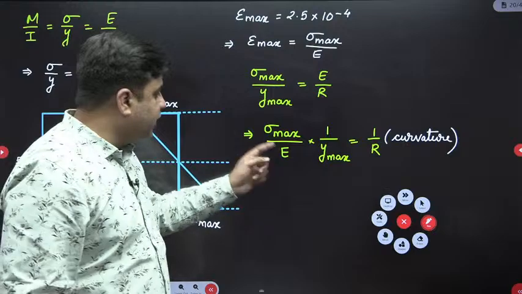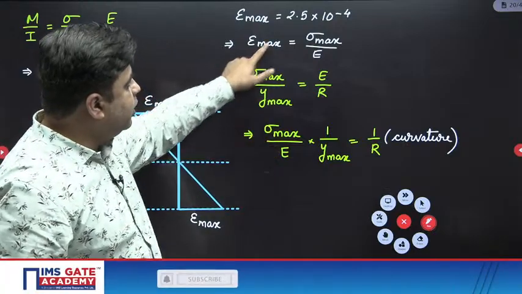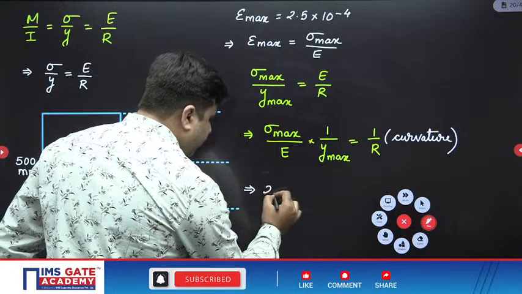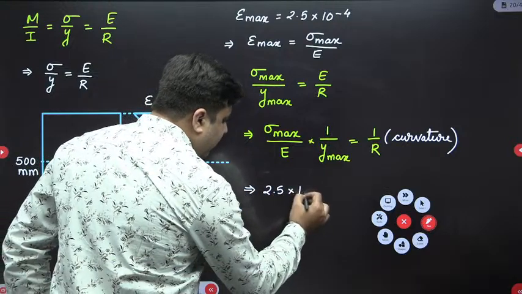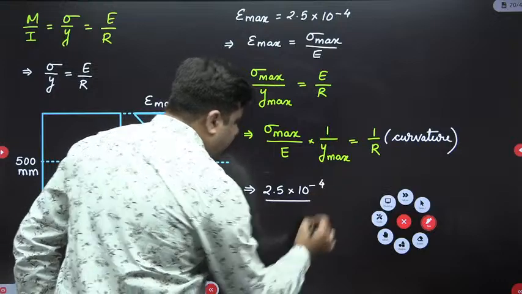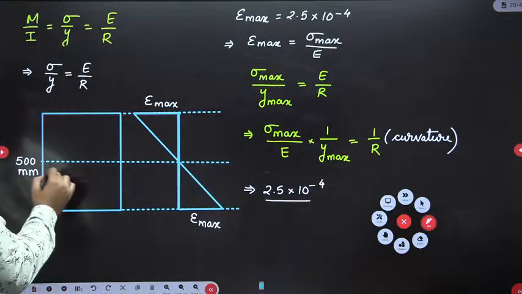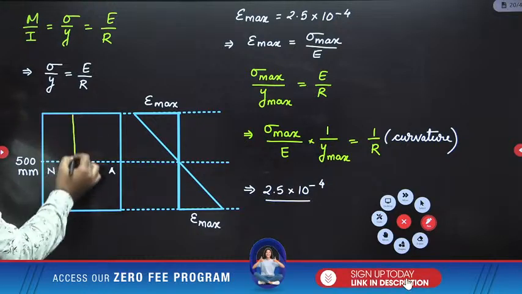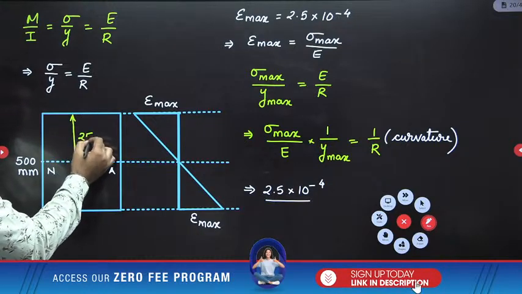Now substitute all the values. Sigma max by E, you already know, which is 2.5 into 10 raised power minus 4, divided by y max. So what is y max? From the neutral axis, the maximum distance of the extreme fiber is y max, which is equal to 250 mm.